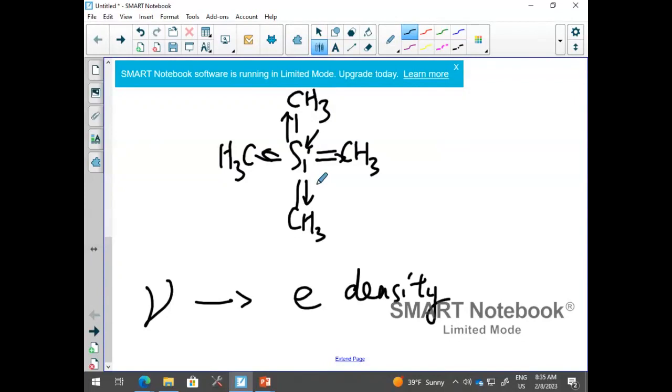That makes the protons in the TMS unusually electron rich, so the electron density is very high. Pretty much all the protons in organic compounds will have a lower electron density than the protons in TMS. That's just one of the reasons we use TMS as a reference compound.